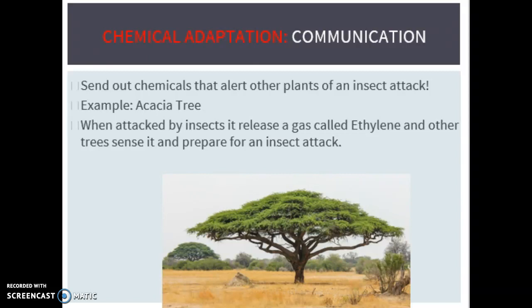So they're going to tell the surrounding plants about it. So that's really, really cool on how it does that.